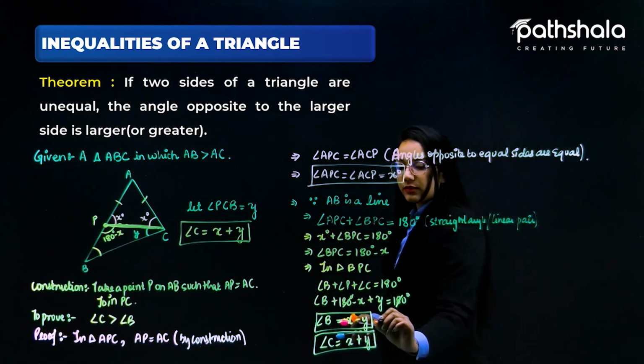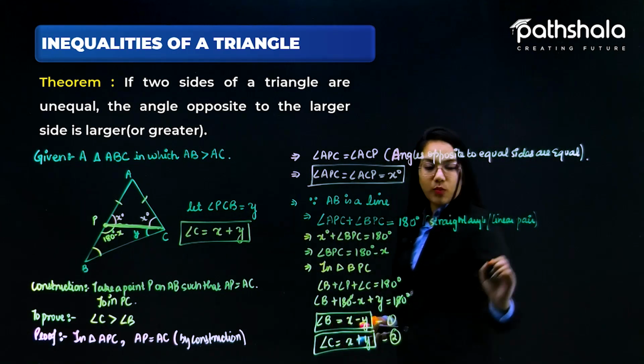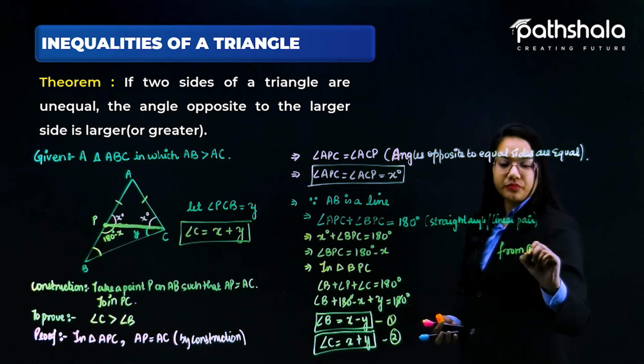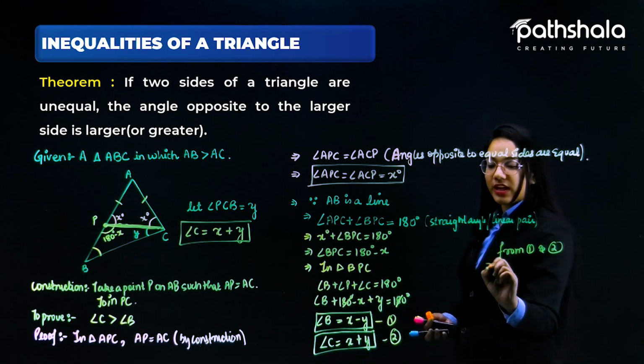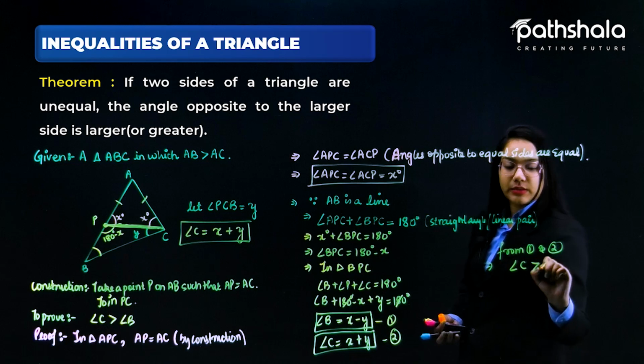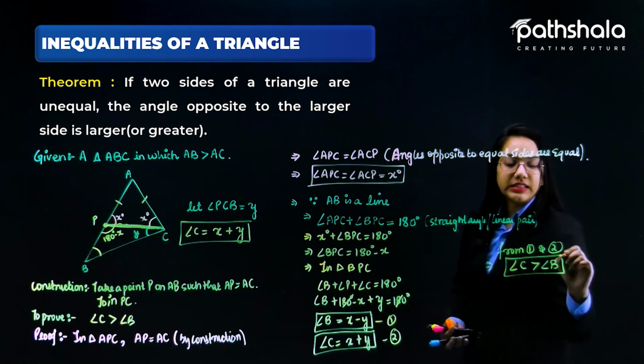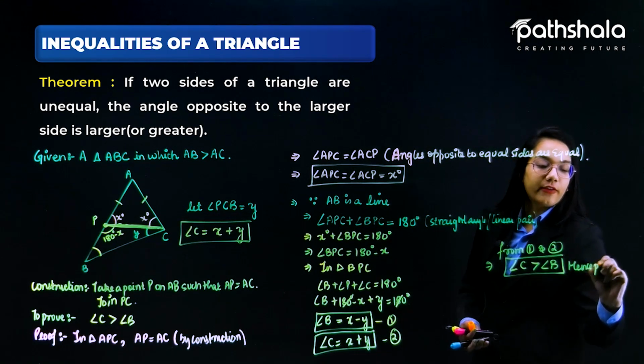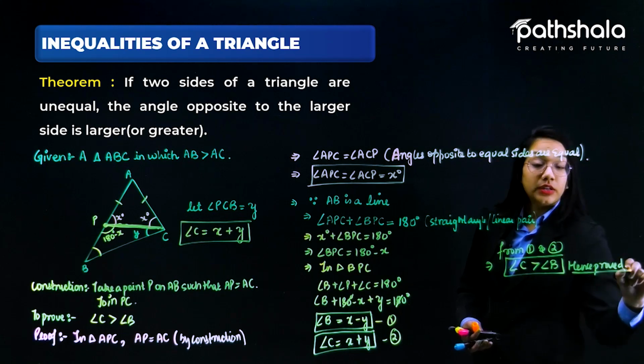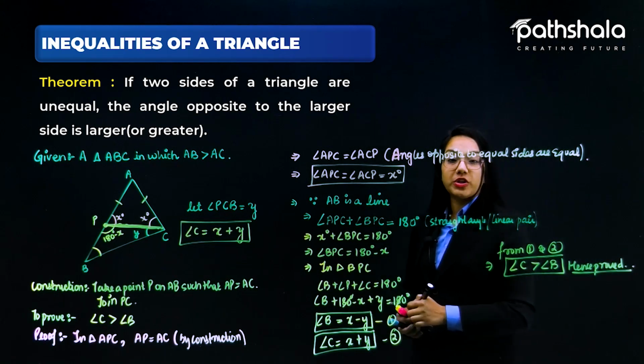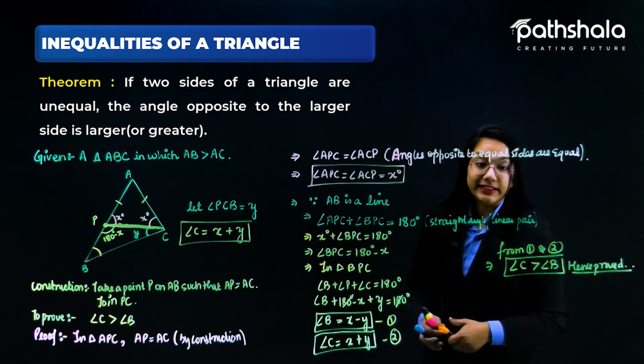So from 1 and 2, we can say that angle C is greater than angle B, and this is what we had to prove: the angle opposite to the larger side is greater than the other one.